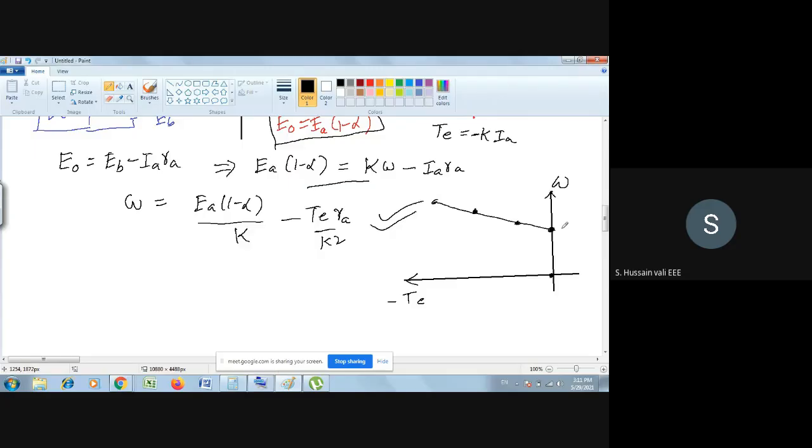If I increase the value of alpha, what will happen? For example, I take 0.3, then I will take 0.7. In that case, this will get decreased.